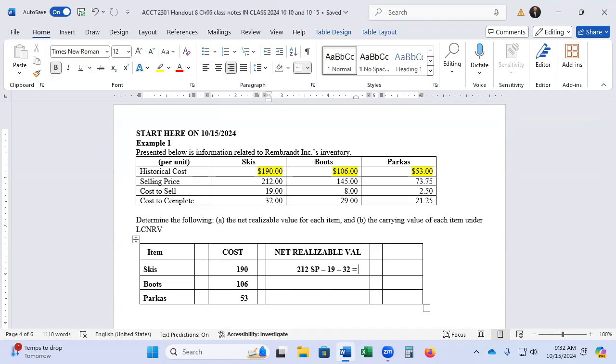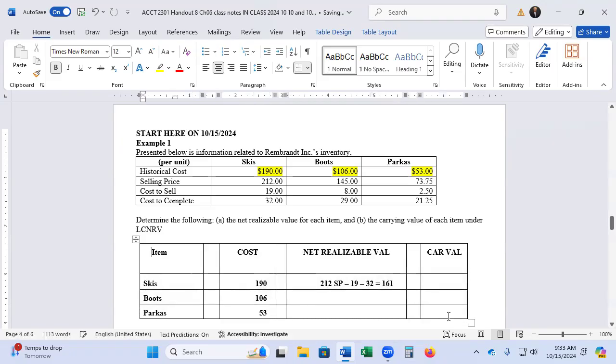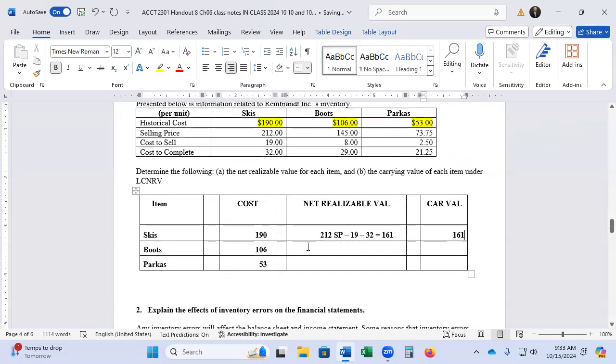And so the net realizable value, essentially what you would earn on this going forward, would be $161. So your carrying value would then be the lesser of the two. And so in this case, 161 is less than 190, so it's 161.